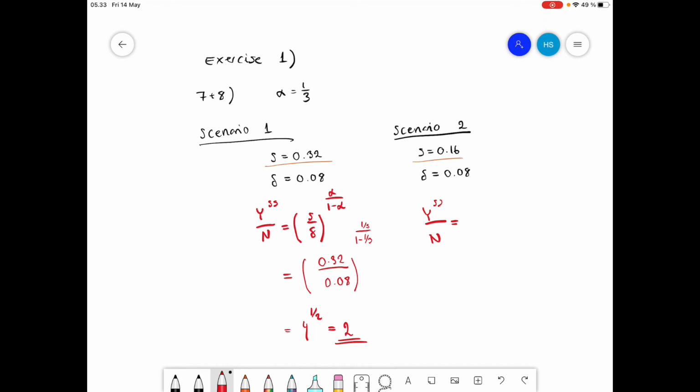And of course, a lower investment in capital will imply a lower level of capital stock in per worker terms. And when we have a lower capital stock in per worker terms, we'll also have a lower output level in per worker terms. So of course, when the saving rate decreases, people will consume more and invest less in capital, and a lower stock of capital is associated with a lower level of output. So we will assume that the output decreases.